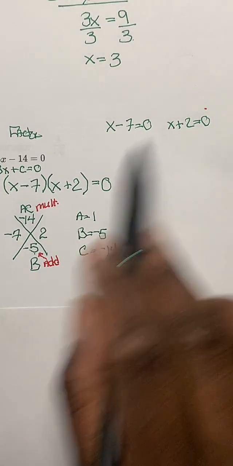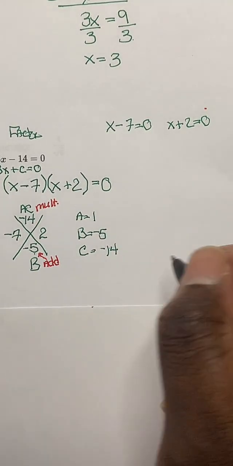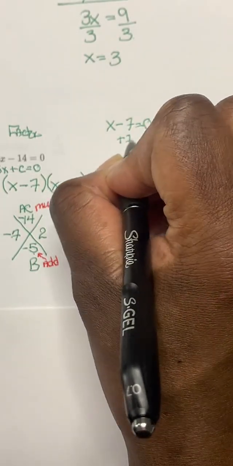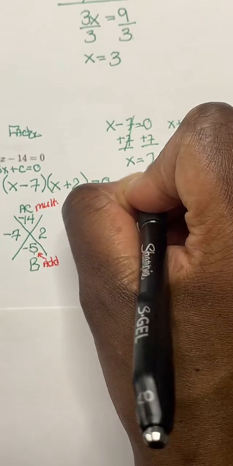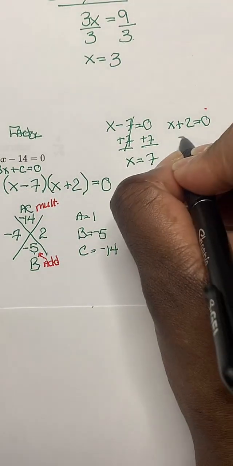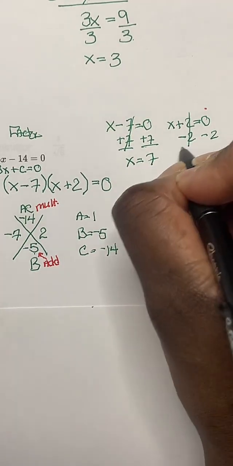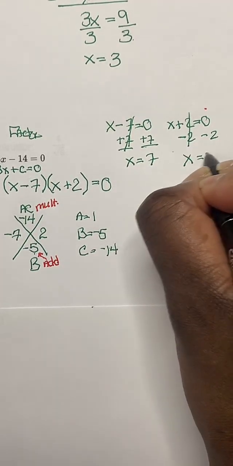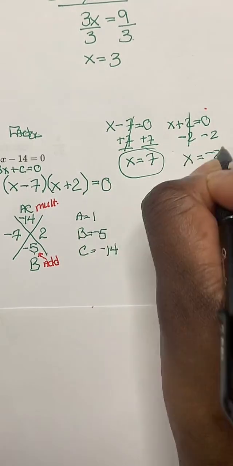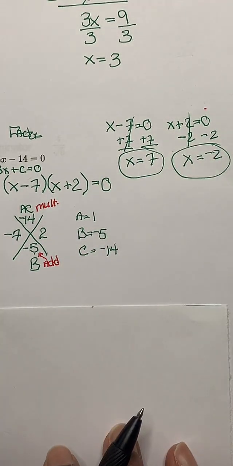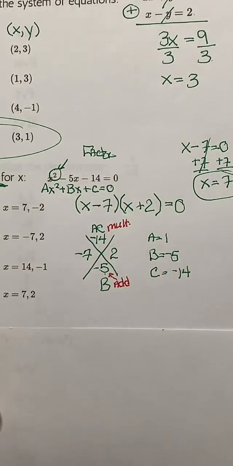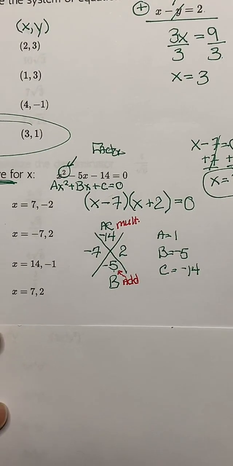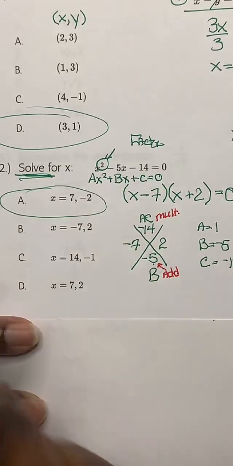So we're going to solve both of those for x. I'm going to add 7 on both sides, so we get x is equal to 7. And over here, we're going to subtract 2 on both sides, and we get x is equal to -2. These are your two solutions. How did I know I was going to get two solutions? Right from the very beginning, when my highest degree or exponent was to the second power. So your answer is going to be A.